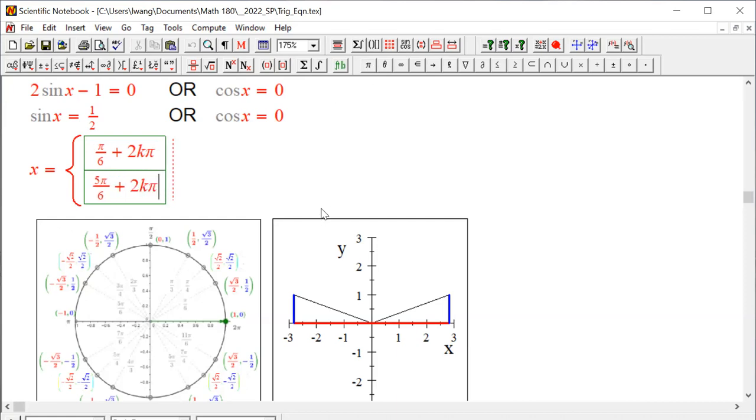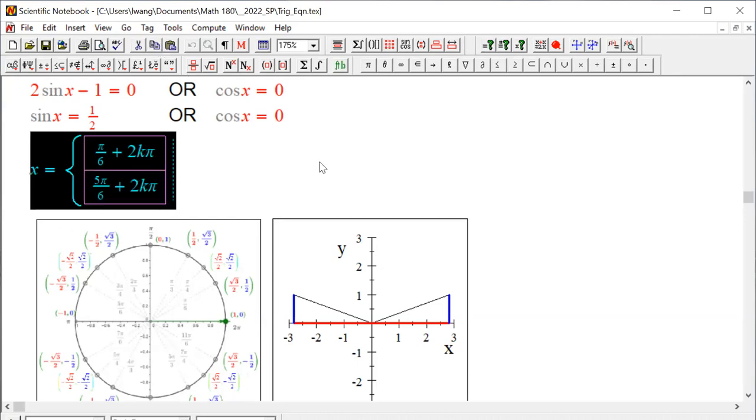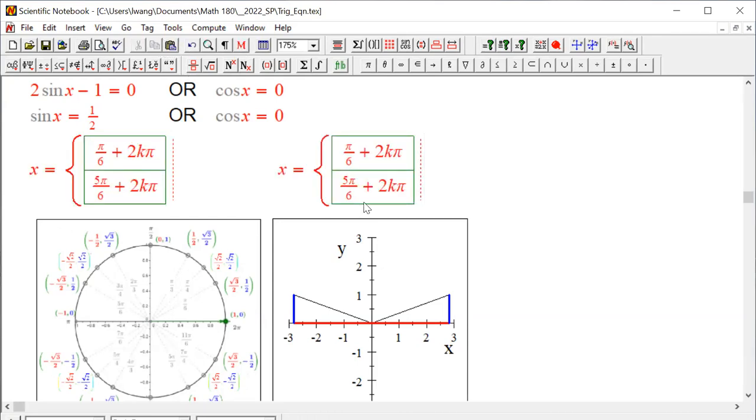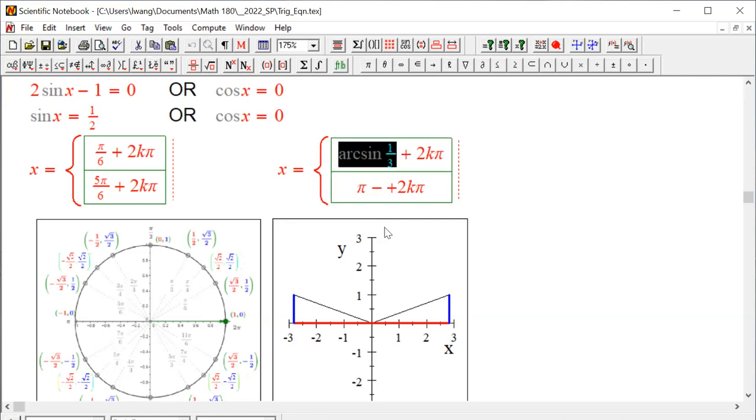So do you still remember the solution for that piece? Almost the same, right? Except that pi over 6 is arcsine of 1/3, and this piece changes to pi minus arcsine 1/3.